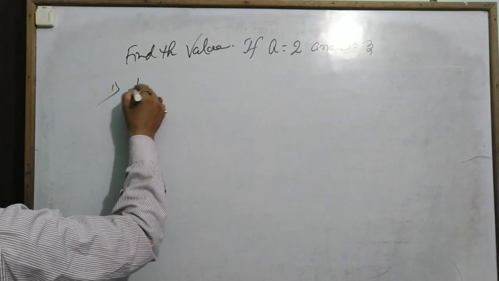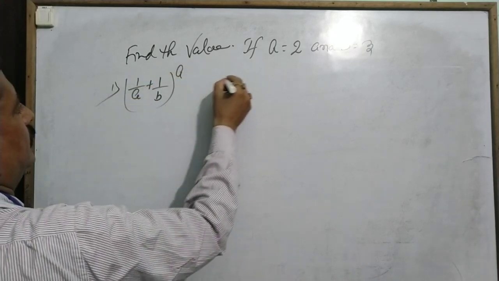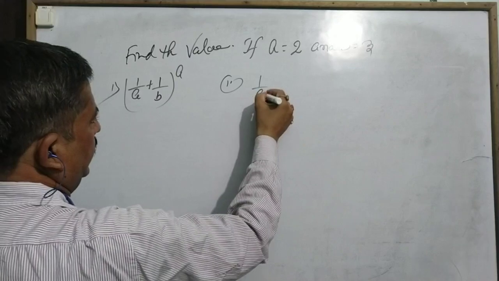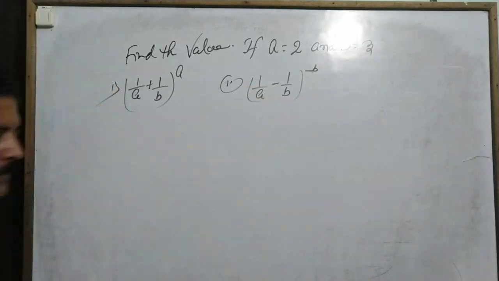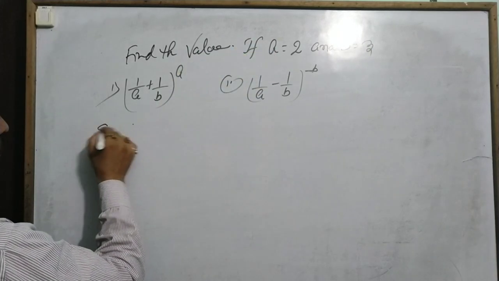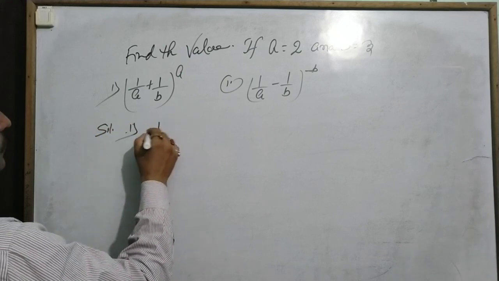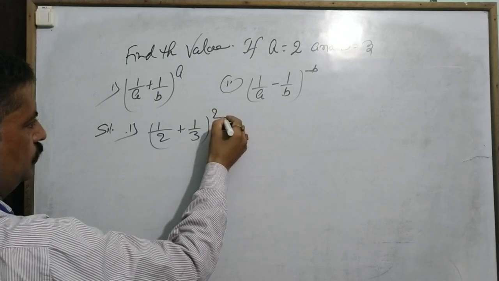First, (1 by a plus 1 by b) to the power a. Second question is (1 by a minus 1 by b) to the power. Putting in the values for the first: (1 by 2 plus 1 by 3) to the power 2.